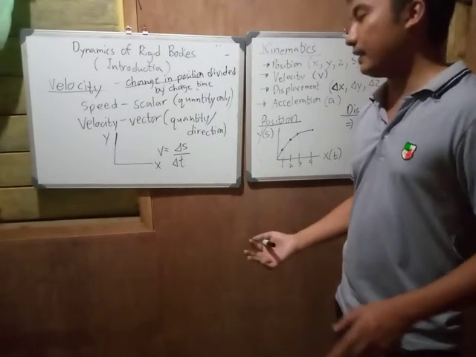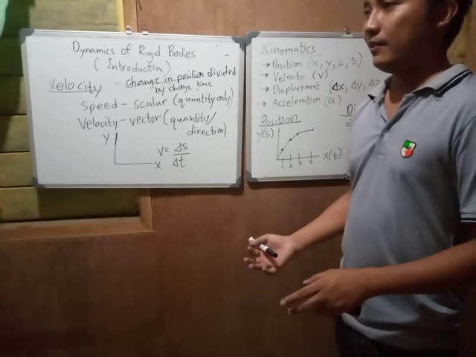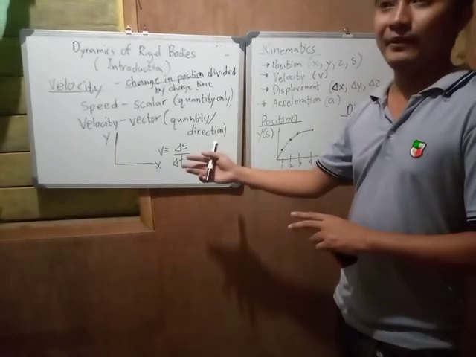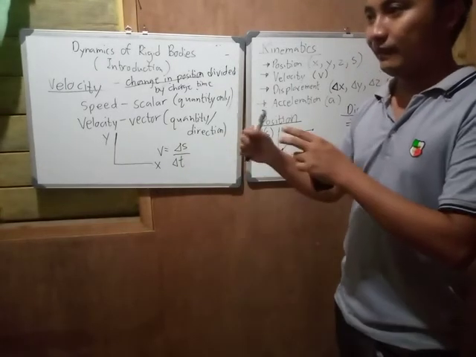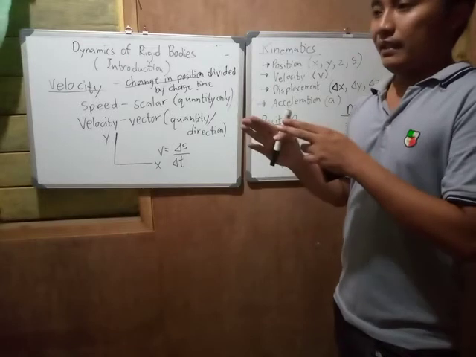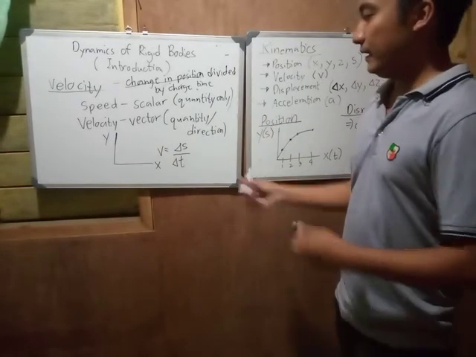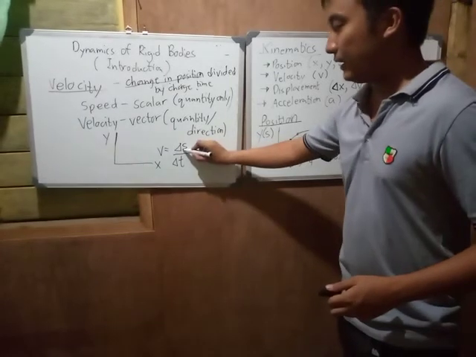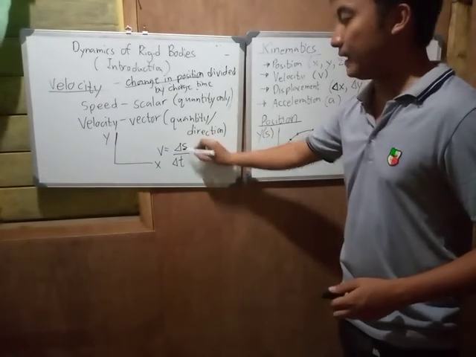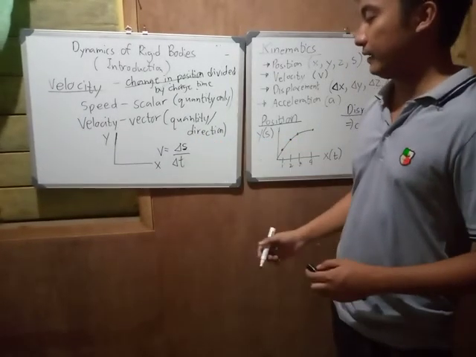Kung X yung gagamitin mo, change of X over change of T, dapat alam mo kung anong direction tumatahak yung body mo. Dito sa subject matter natin, siguro mas gagamitin natin yung change of S.